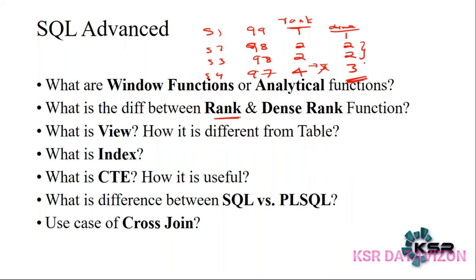Now, what is a CTE? CTE stands for Common Table Expression. Let us say you're applying some logic and the logic is a bit complex. What you can do is apply the logic, put it into one temporary table, and that temporary table you will use again, like create table as, write some logic. Again for the next statement, create table as, write some logic, and finally you will join.